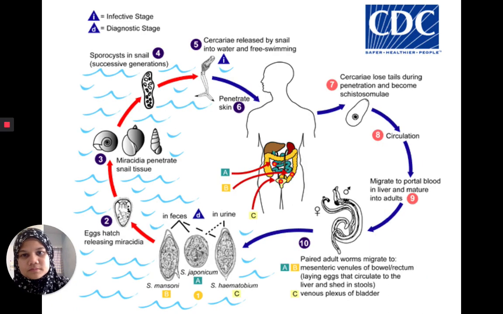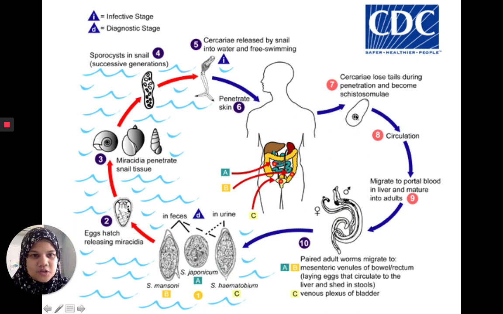Very clever. Schistosoma is one of those things you get if you go swimming in certain freshwater areas. The cercaria from the schistosoma, which is released by their intermediate host, the snail, goes into the water and penetrates the skin of an unsuspecting swimmer.